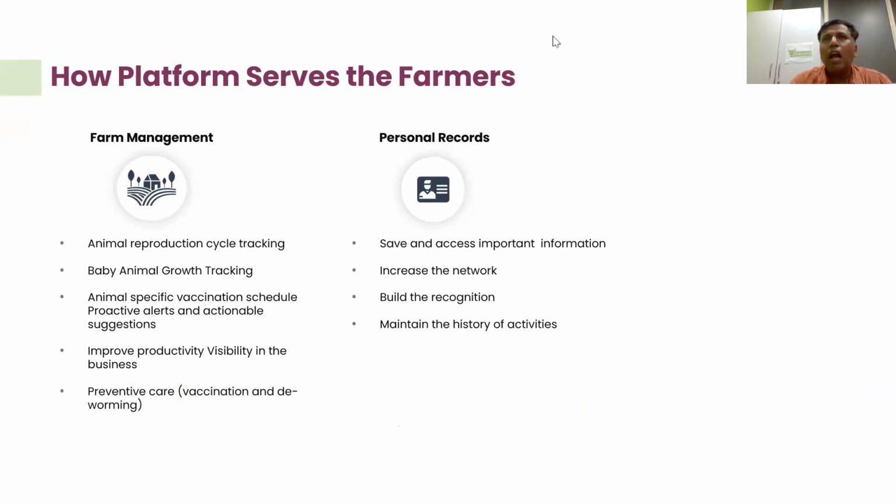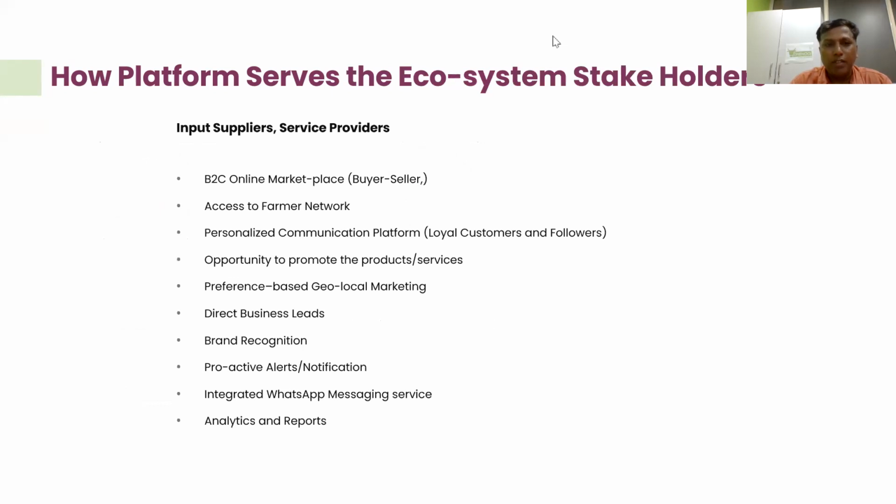This is conceived after meeting almost 300 to 400 farmers, going on their farms one-to-one. Physically, we have visited, we have collected the survey information, analyzed the information, highlighted the pain points of the farmers, and with that we could conceive such a platform mainly for farmers.